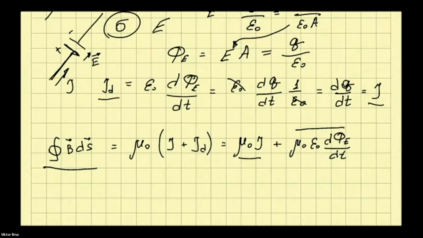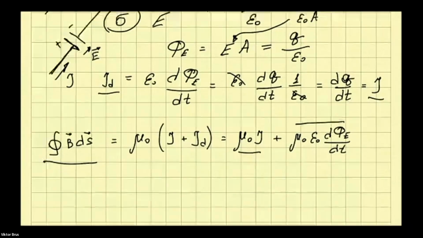So now let us consider the four equations which are called Maxwell equations. And also there will be one more equation for the Lorentz force. Their combination provides full information about the electromagnetic field, and this combination is called the system of Maxwell equations.